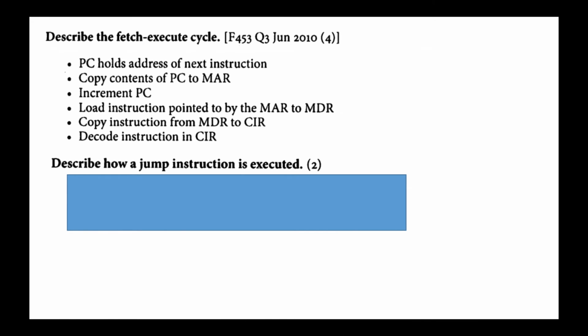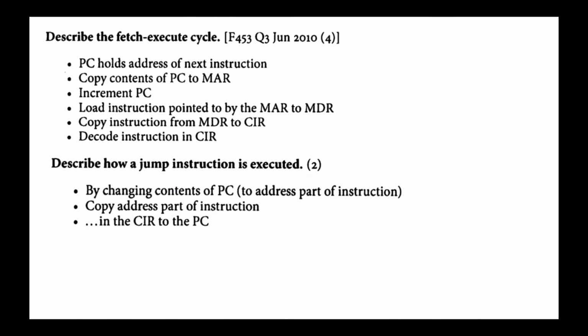Copies the instruction from the MDR to the CIR. Decodes the instruction in the CIR. Then the jump instruction is executed by changing the contents of the PC to the address part of the instruction. Copies the address part of the instruction in the CIR to the processor.